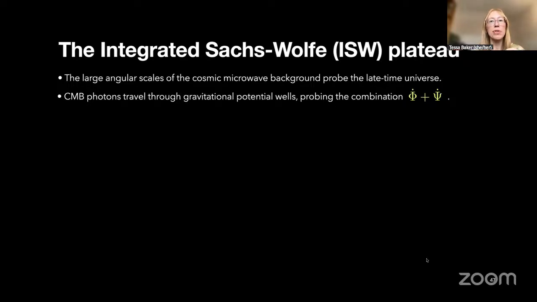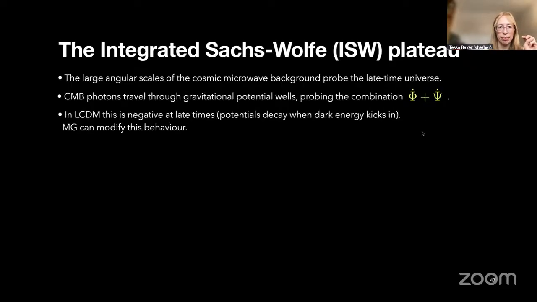Because on those scales, the CMB photons are passing through sizable features in the late time universe. So they're passing through gravitational potential wells. And in particular, that makes them sensitive to what those potentials are doing at late times. So particularly they probe the time derivative of those two potentials in this combination here.